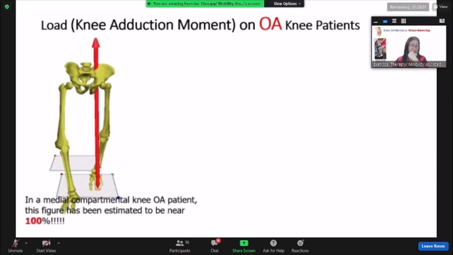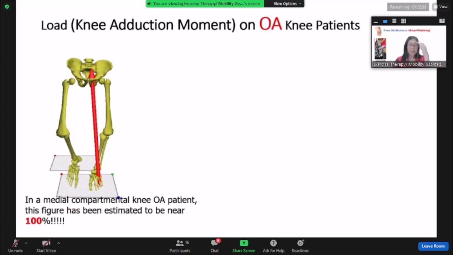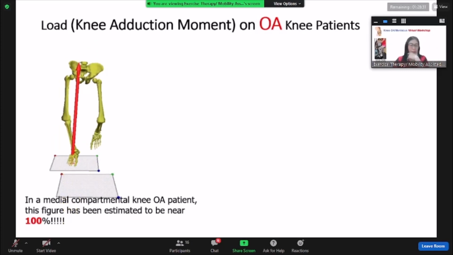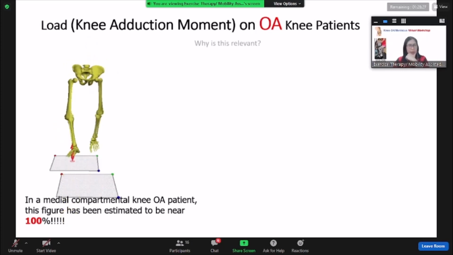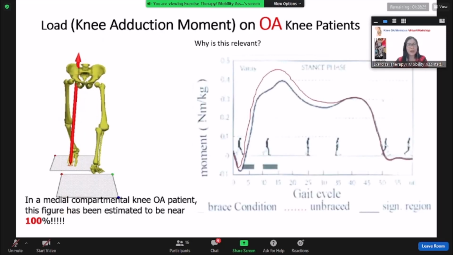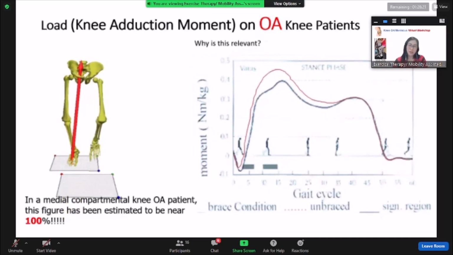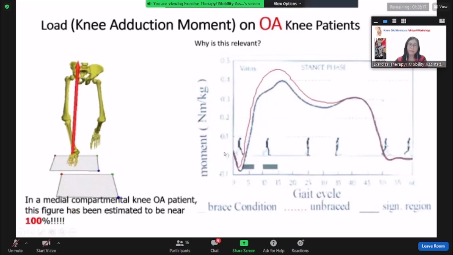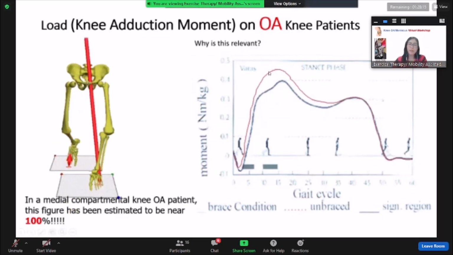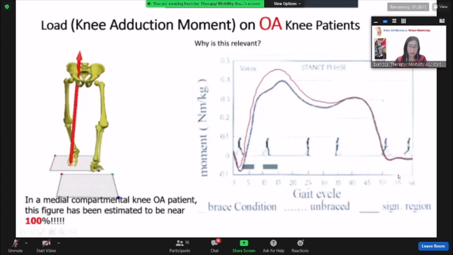As a result of this, patients experience a lot of pain. So why is this relevant? This graph on the right hand side shows the different amounts of loading experienced by the patient at various stance phases during the gait cycle.